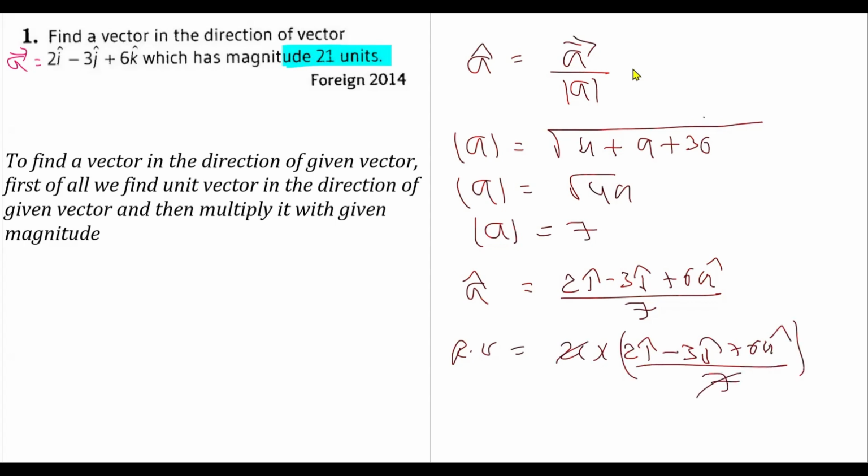I can reduce this by 3 times and finally multiplying, we are getting 6i cap minus 9j cap plus 18k cap. So we'll say that this is the required vector.